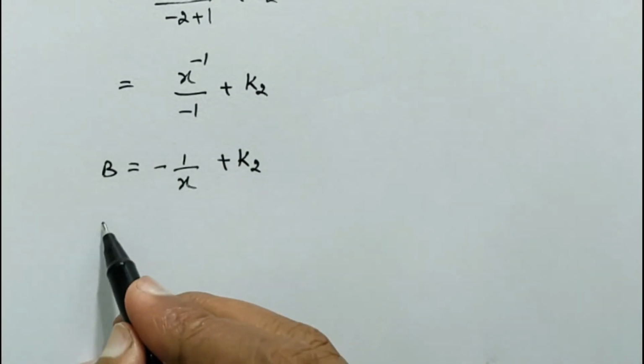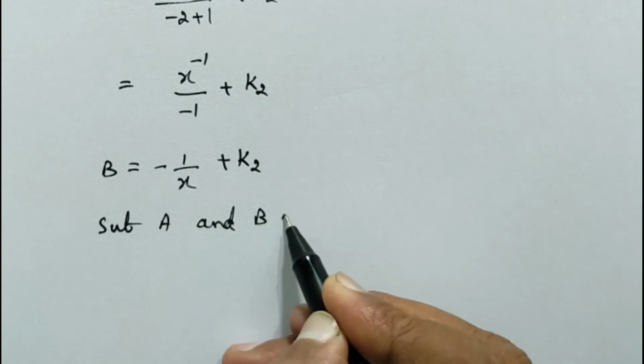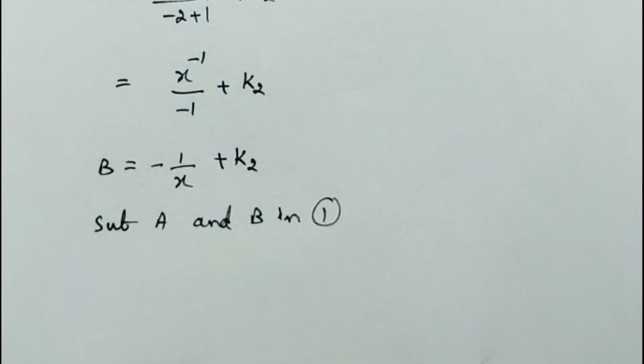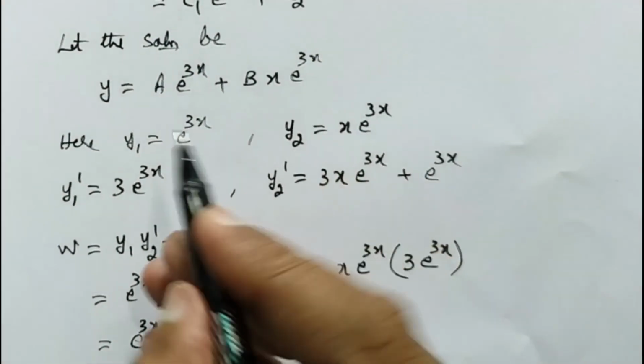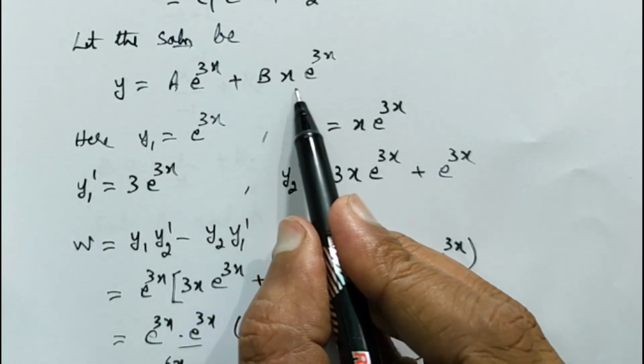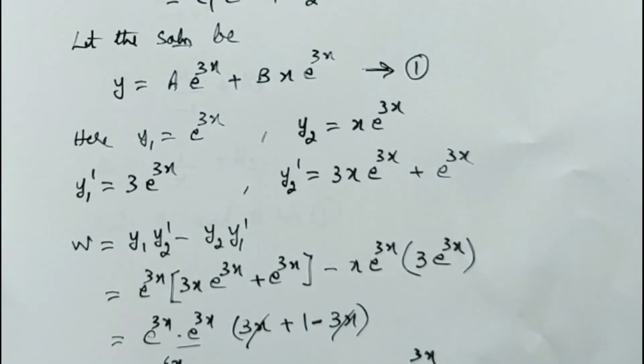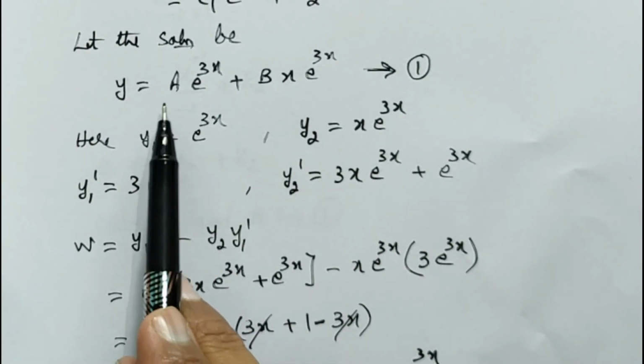Now we'll plug the values of a and b back into equation number 1. We take the given equation y is equal to a e power of 3x plus b x e power of 3x; let us take this as equation number 1. So we plug in those values of a and b.